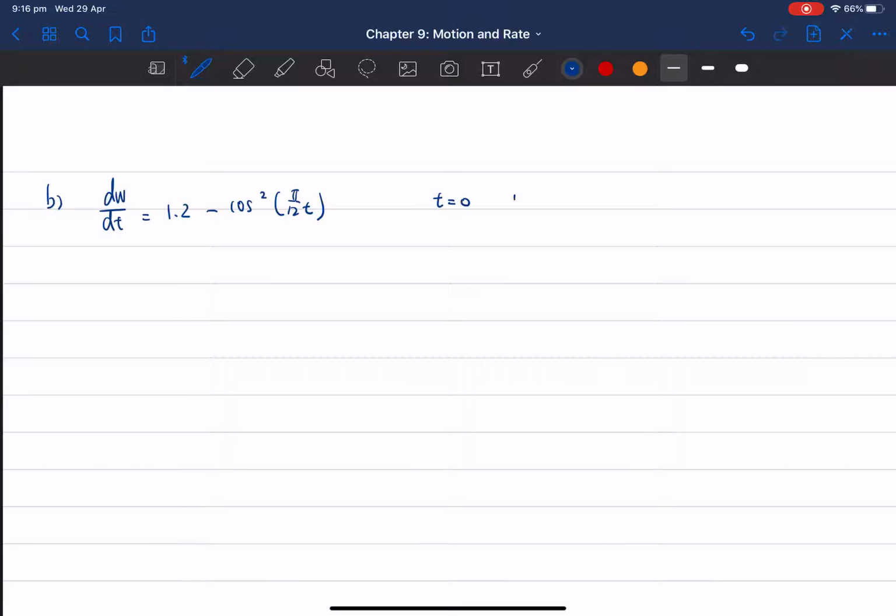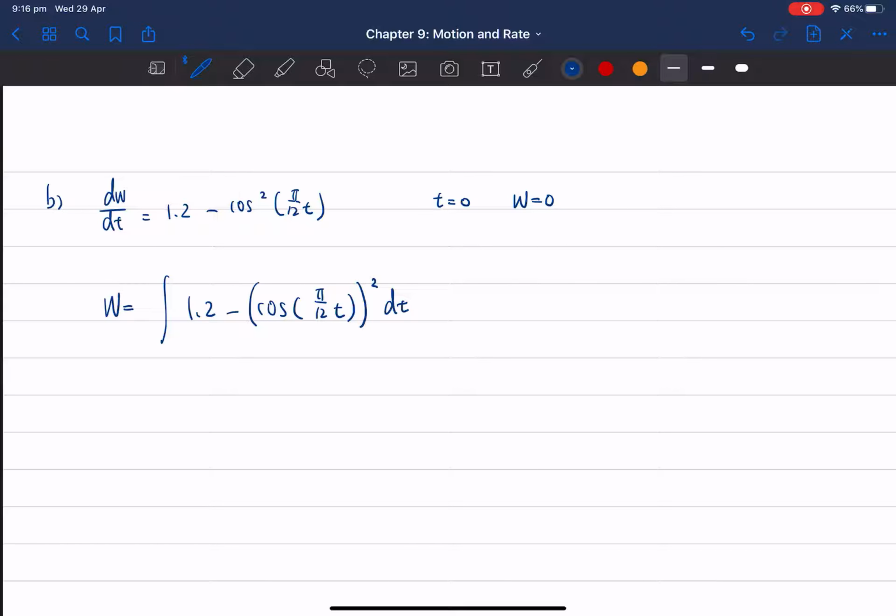When t equals 0, w equals 0. What else do we need? That's about it. So all we need to do now is integration. So w is equal to the integral of 1.2 minus cos bracket pi on 12t, let's put a square here, dt. Now, how do we integrate these?